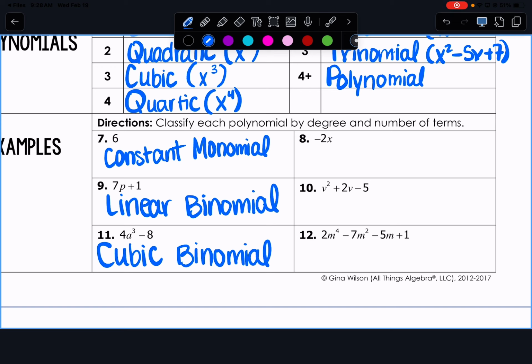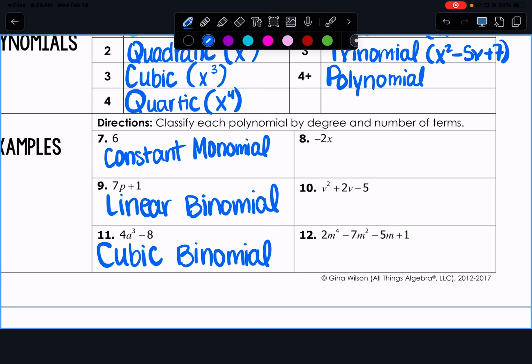The highest exponent is the degree. So a constant is just going to be a number, any number, whereas linear is going to be a number and a variable.